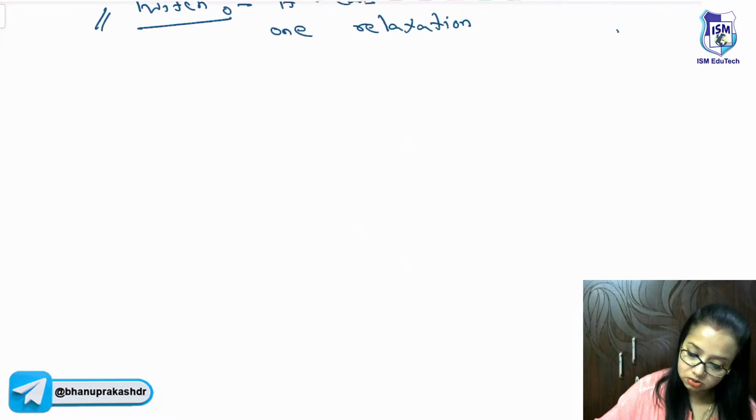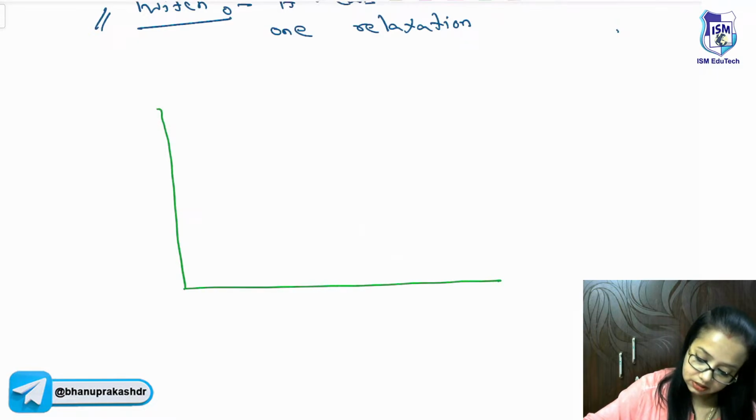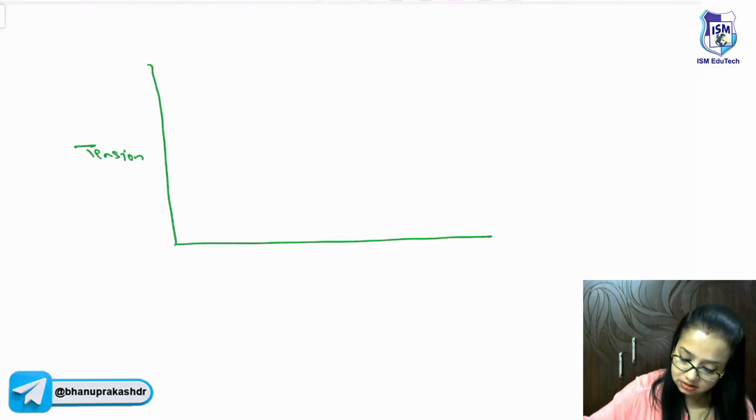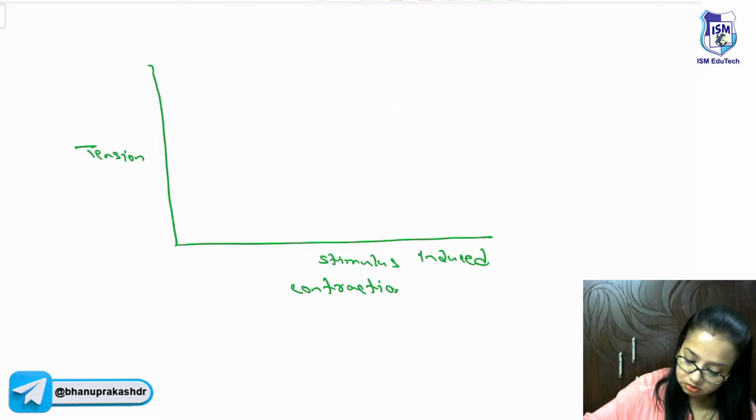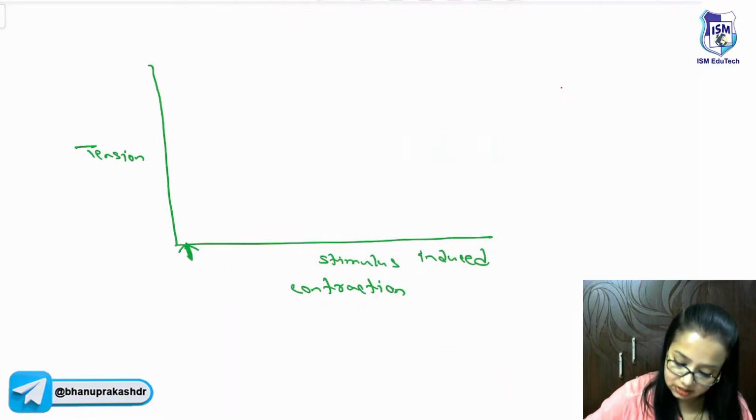Okay, so drawing this, if this is the curve, this is the tension generated, and this is the stimulus induced contraction. So if the stimulus is induced here to a muscle fiber, what we see is a twitch.